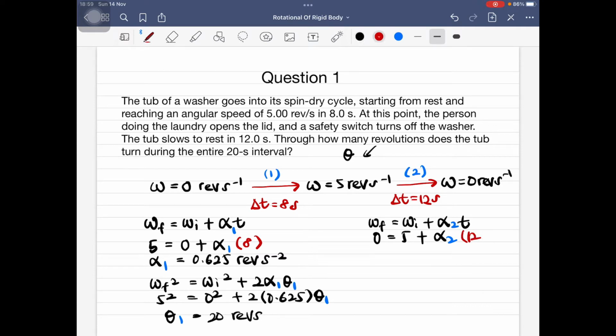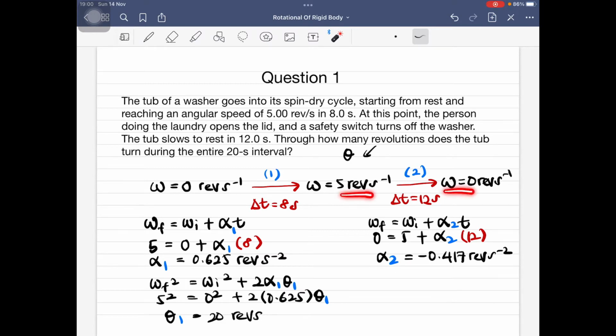Then from there I will have my angular acceleration for the second part will be equal to, okay, so you can see for the second part the angular acceleration becomes negative, so it will be negative 0.417 revolution per second squared. Okay, and the reason why the value is negative is because the angular speed is decreasing from 5 to 0.